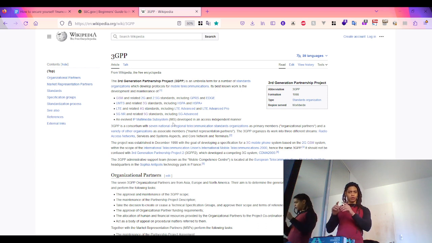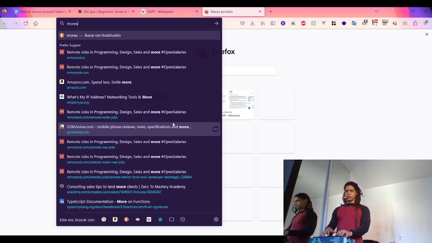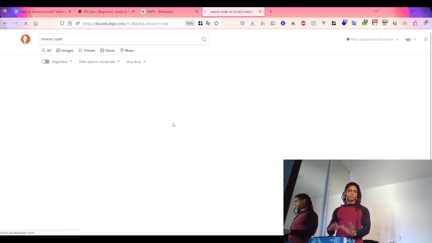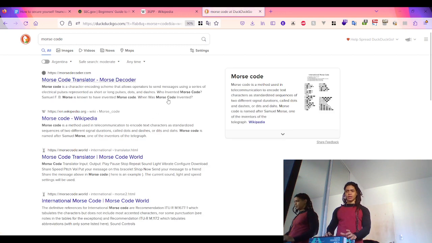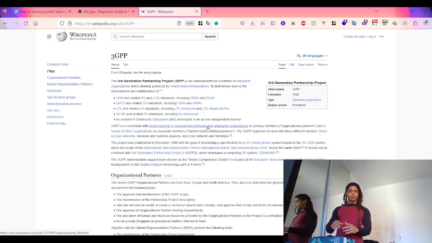If we look only at the technical aspect, without involving anything related to economy or society, that is the reason why they created Morse code, which is no longer in use.